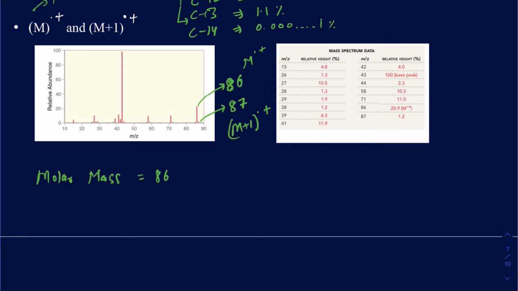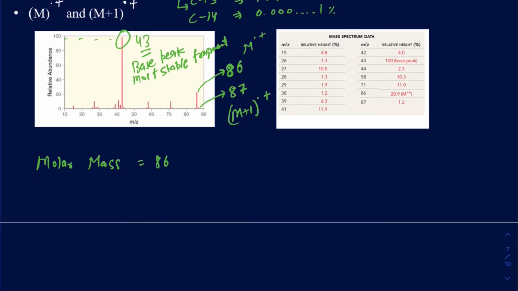I forgot to mention, if you go back, you see a peak at about 43, and its intensity is almost 100%. So this is going to be your base peak. The base peak comes from the most stable fragment present after you fragment the radical cation. So that also gives you very useful information.